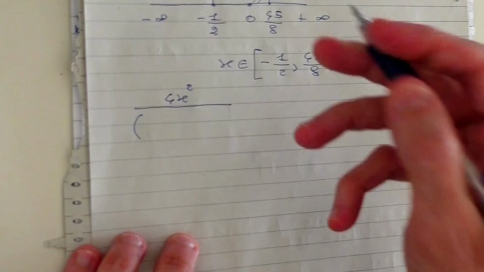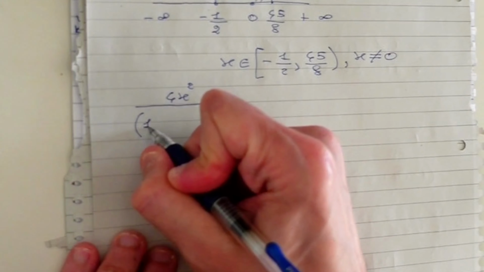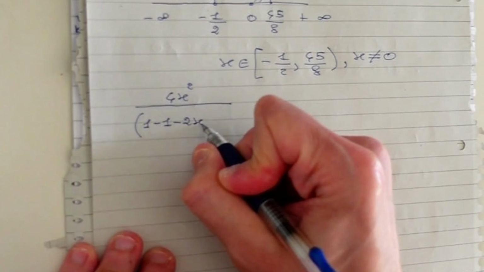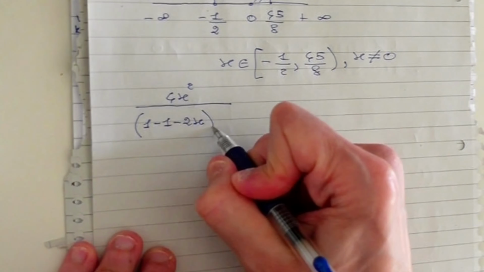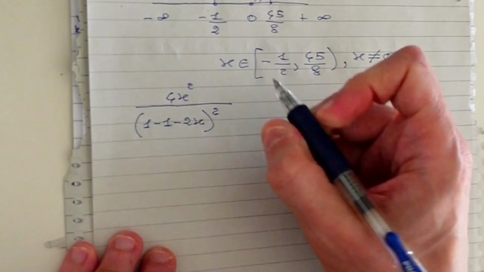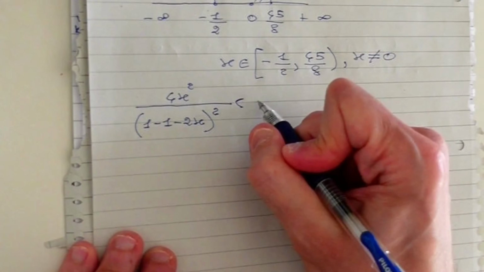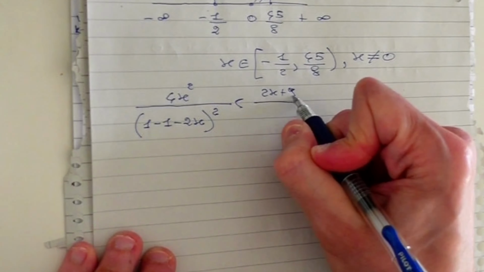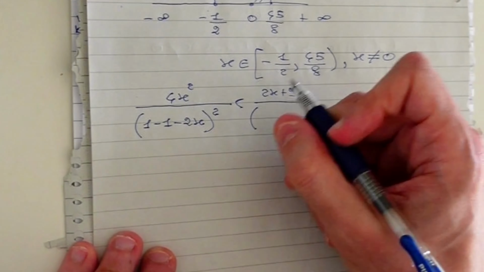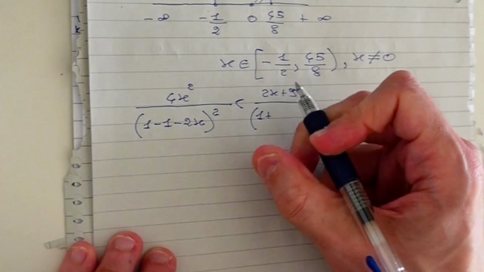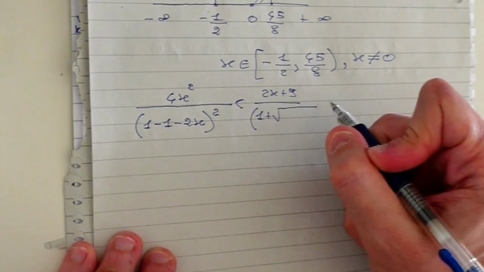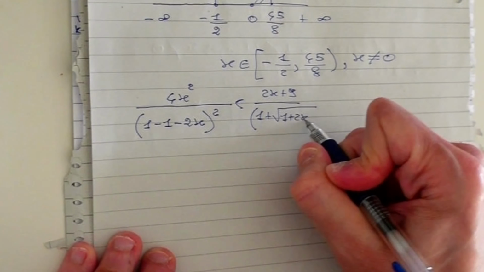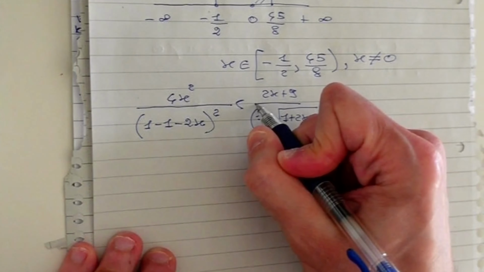So overall we have 1 minus 2x, and of course squared, and then we have the same 2x plus 9, and we write in here the guy that we used to multiply the first denominator. We have 1 plus 2x all squared.